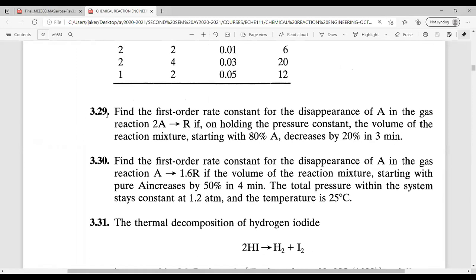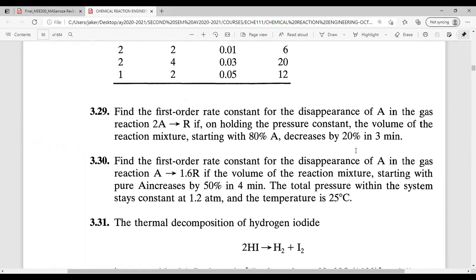Oh, 3.29, Levenspiel. Find the first order rate constant for the disappearance of A in the gas reaction 2A forming R if, on holding the pressure constant, the volume of the reaction mixture starting with 80% A decreases by 20% in 3 minutes.